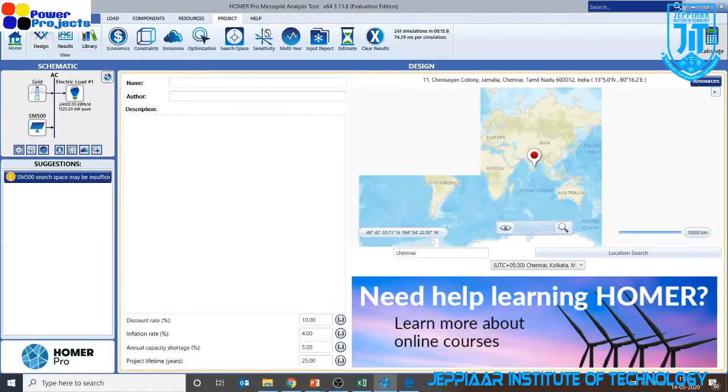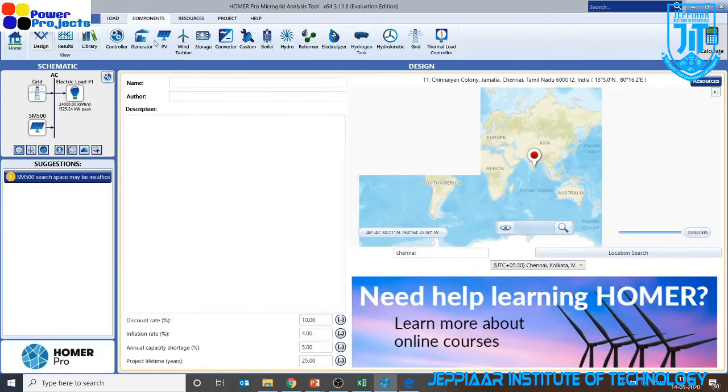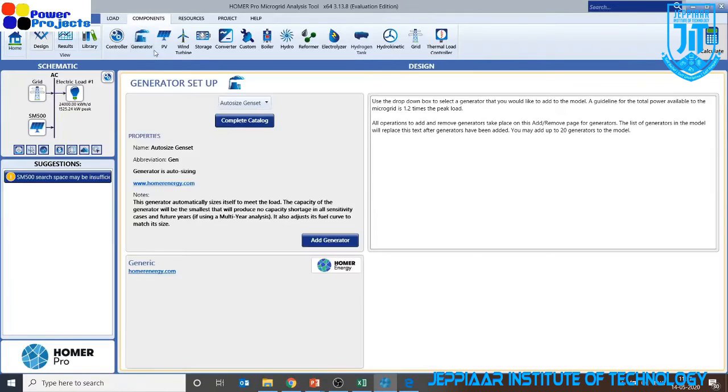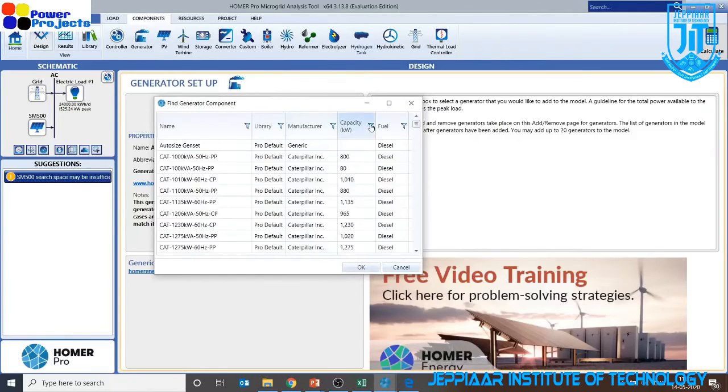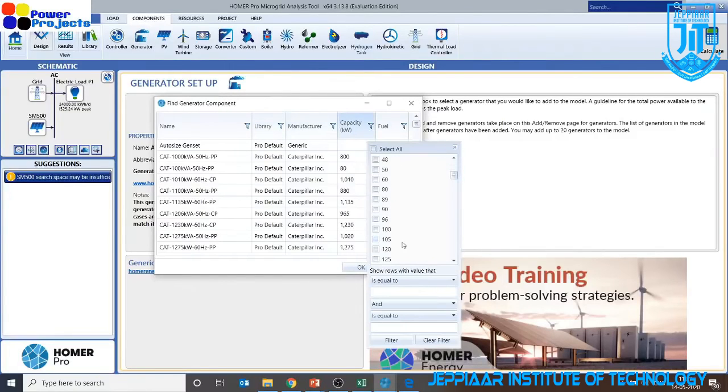Let me add a diesel generator here quickly. The system is a bit slow. If you are adding, for example, a 500 kilowatt diesel generator, I'm just adding an example.